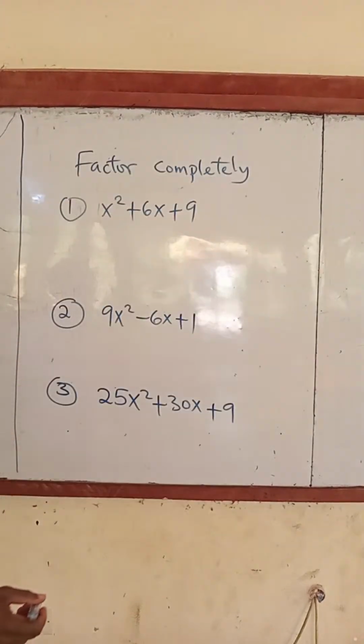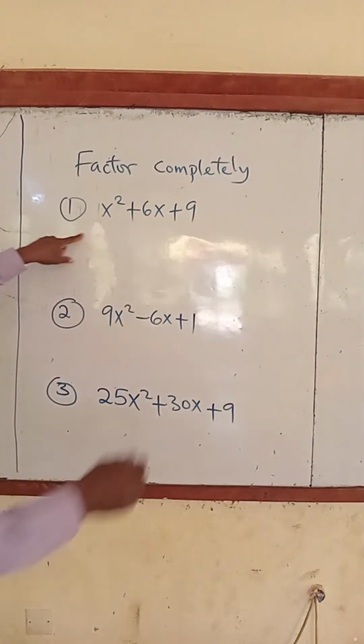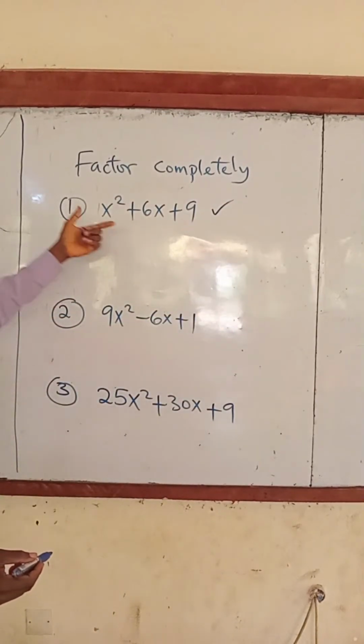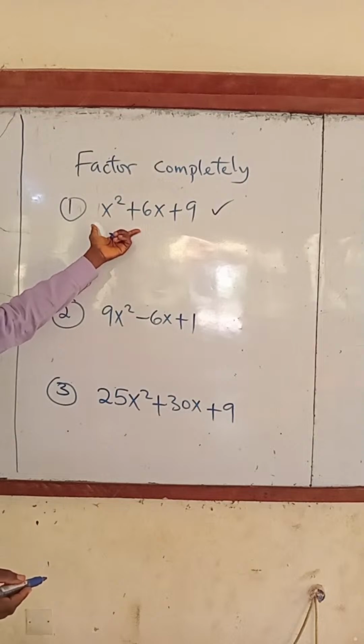Completely. Look at this first one. This is a perfect square. Why?